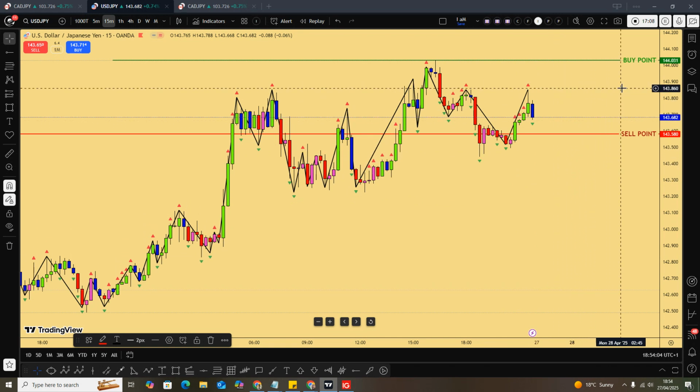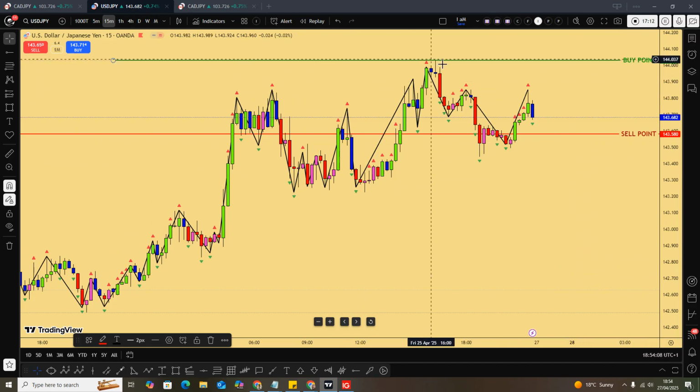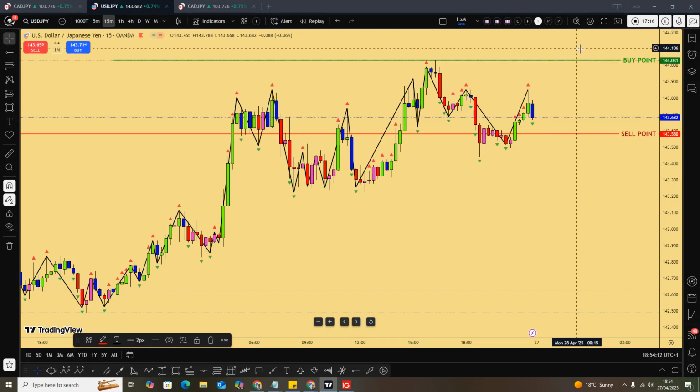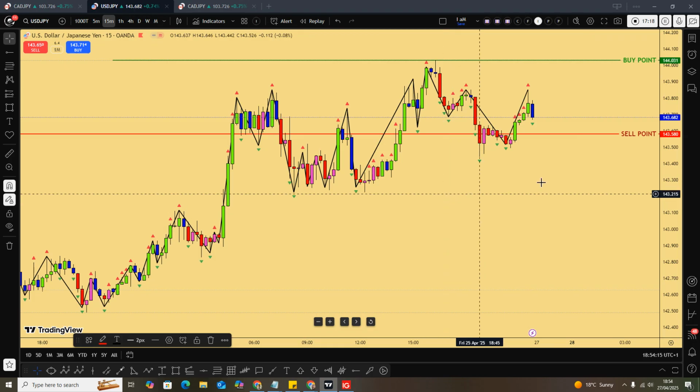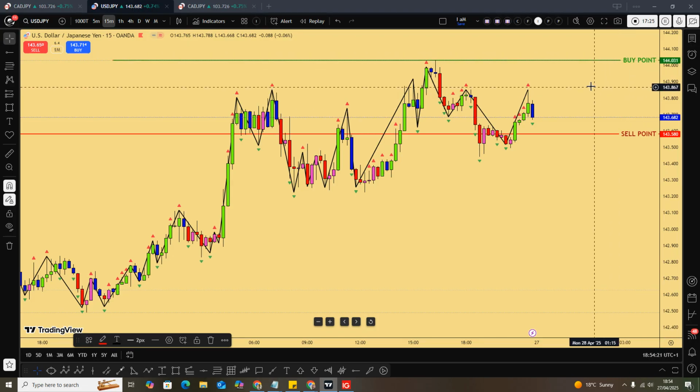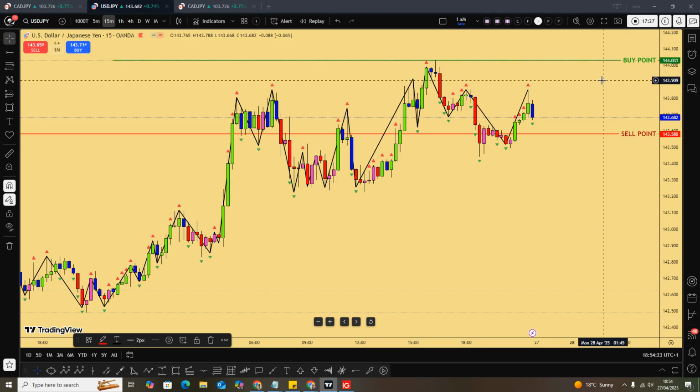And that will probably be your best selling opportunity, because of this high. Even if they break this high, we don't want to take that trade because of the information that we got on the bigger time frame. Okay, so that is the US dollar Japanese yen for the week commencing 27th of April.